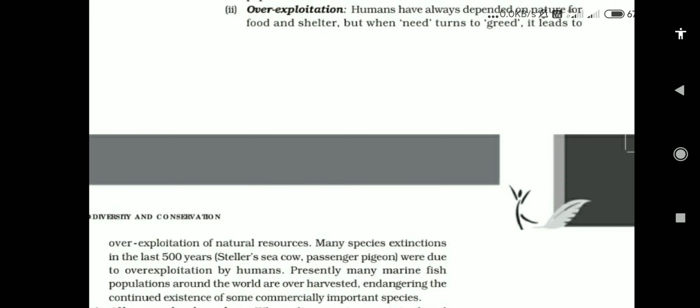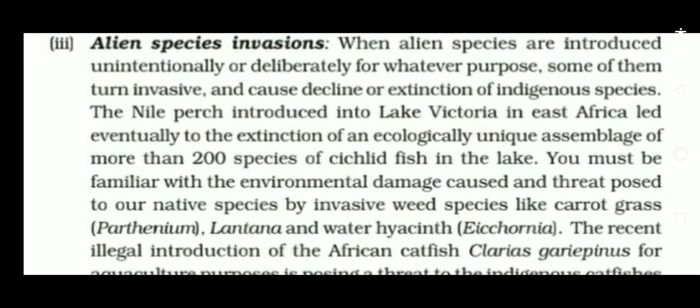The third reason for the loss of biodiversity is alien species invasion. It means the attack of any other species on a stably occupied species. So alien species, new species, enter the habitat, and if a new species enters the habitat, they destroy the original or old species which are present here.